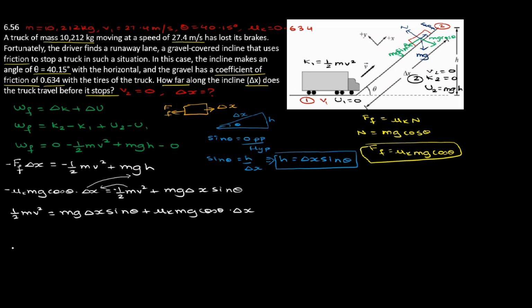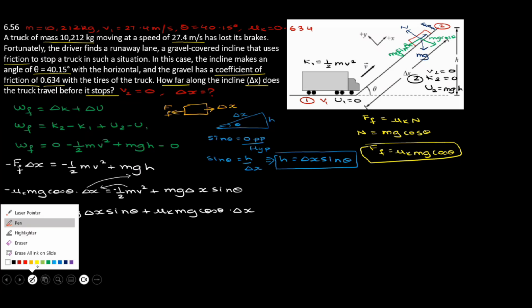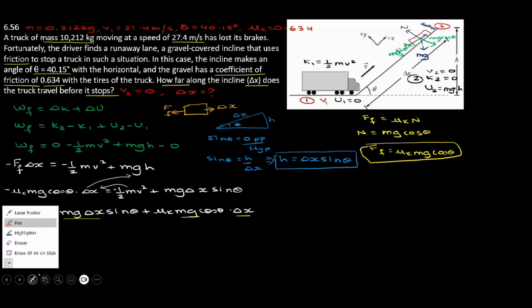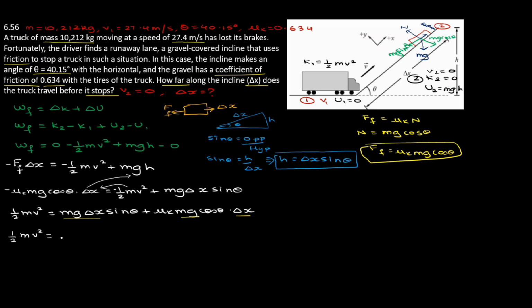So we can cancel off m. Now we can take the common terms on the right hand side together. I have mg delta x here and I have mg delta x here. Let's bring those mg delta x together.